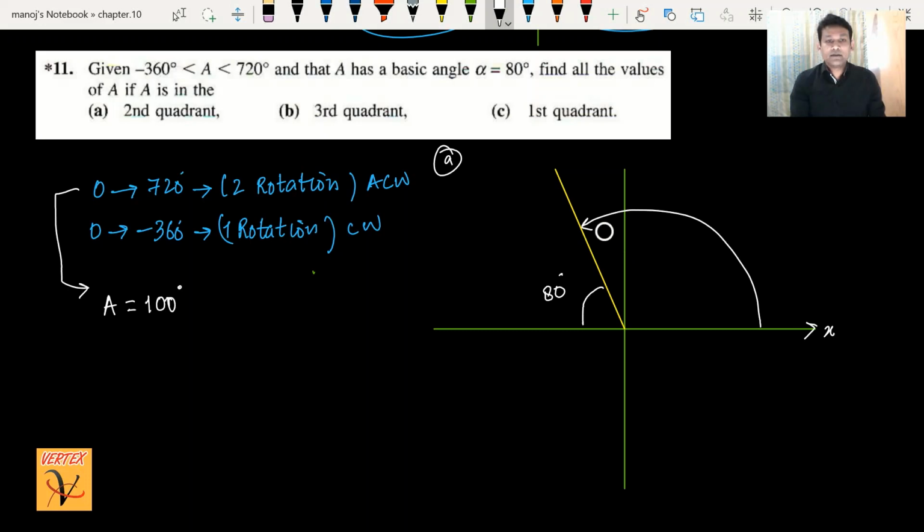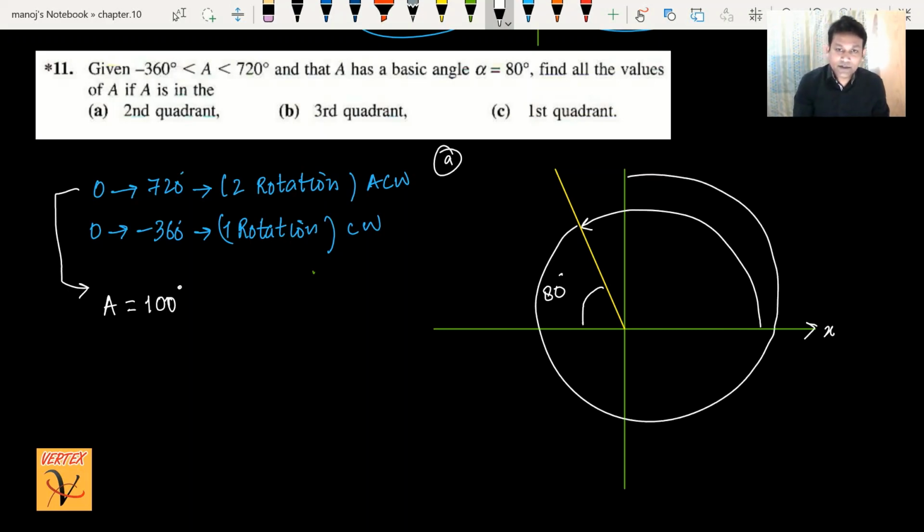Then we have done the one rotation. When I move from here till here, this one rotation, there is no other angle lying on our path. So after one rotation, the second rotation is here. Okay, this is very simple. From this point to this point, this is 360 degrees. And this angle is the same as you found in the first part.